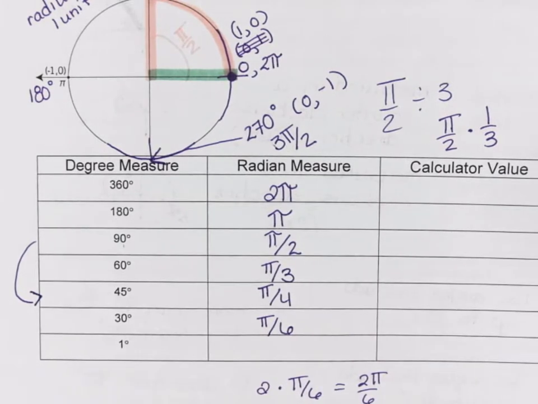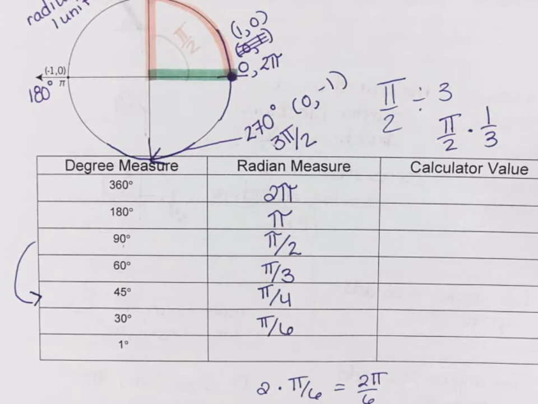How do you guys feel about that? Not terrible. What you have just calculated are all the exact values we're going to use in the unit circle. Those are going to be the angles that we use in all 4 quadrants. It's going to be awesome.